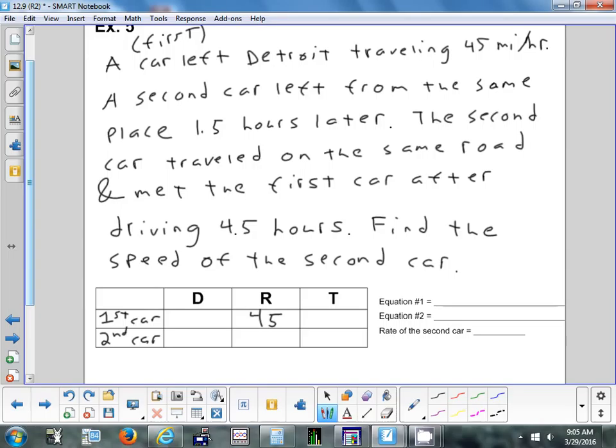A second car left from the same spot an hour and a half later. Okay, let's just keep reading it. The second car traveled on the same road, and it met the first car after driving 4.5 hours. Okay, so now I know something else. How long was the second car driving for?